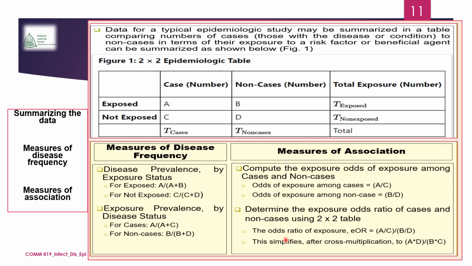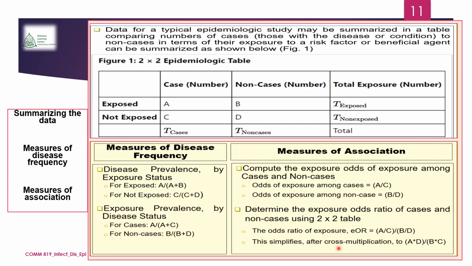The exposure odds ratio is usually written as EOR. E stands for exposure, O for odds, and R for ratio. The exposure odds ratio will be A over C divided by B over D. That is simply the odds of exposure among cases divided by the odds of exposure among non-cases. Simple as that.